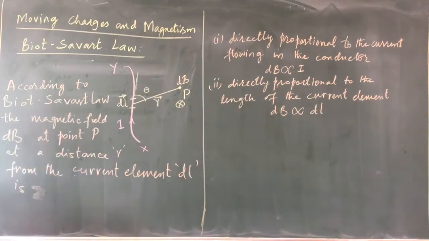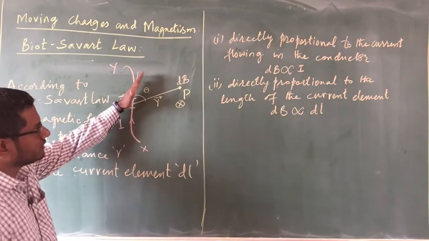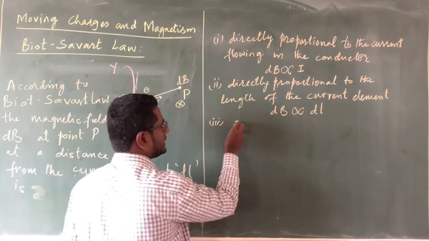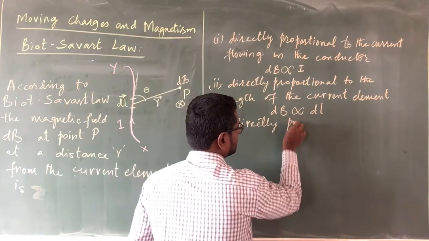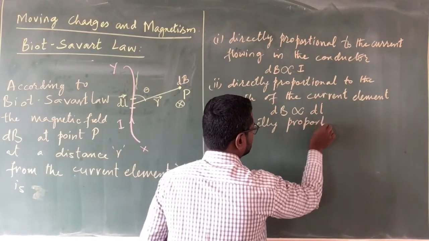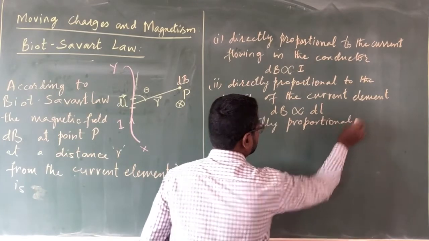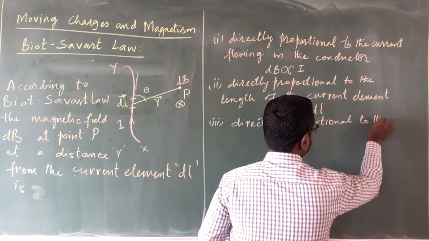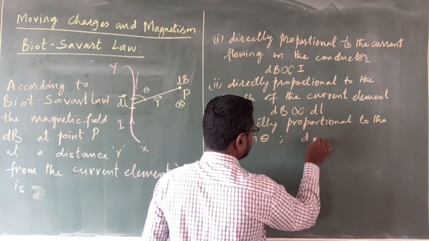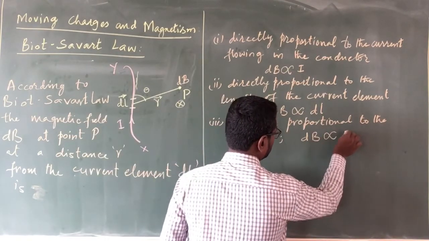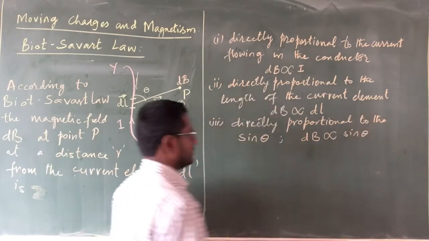Next, the third part is that it is directly proportional to sine theta, so dB is proportional to sine theta.